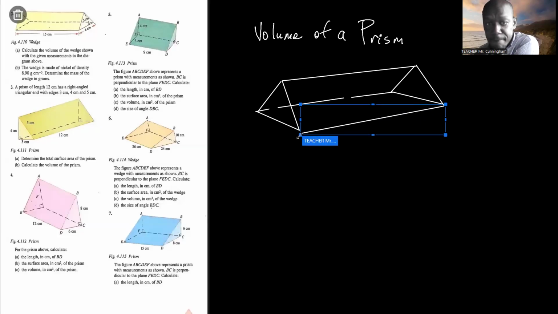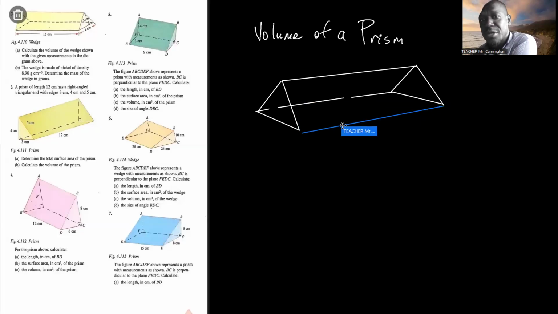It has two triangles. Right. It has two triangles, and to me, that's one of the most important things. These two triangles are very important. Why?